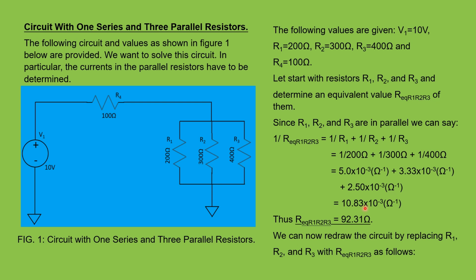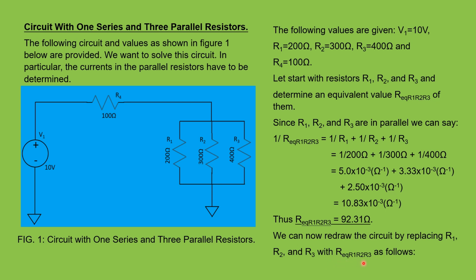But of course we want the inverse of this value, and if we obtain the inverse of 10.83 times 10 to the minus 3, we get a value of the equivalent resistance of R1, R2, R3, which is 92.31 ohm. We can now redraw the circuit by replacing R1, R2 and R3 with R equivalent R1 to 3 as follows.